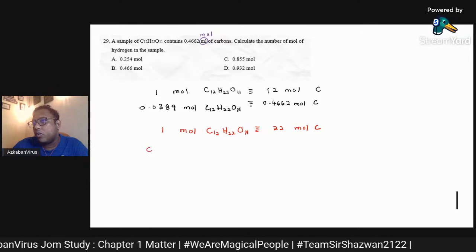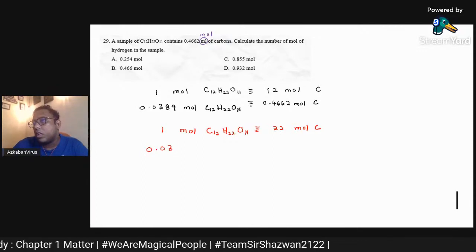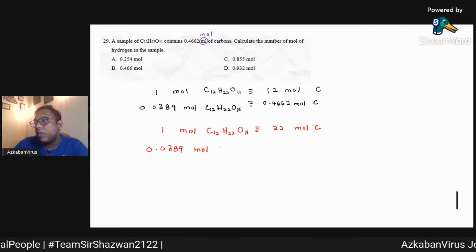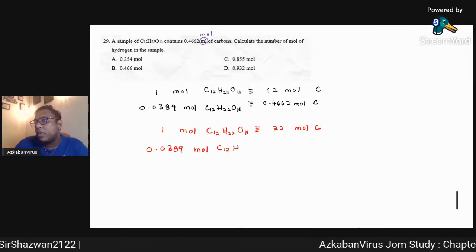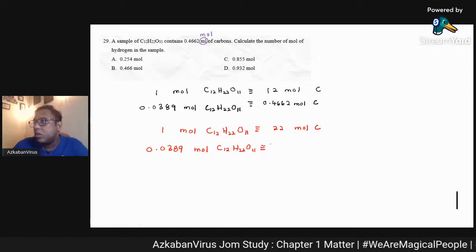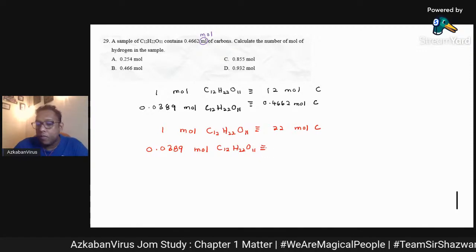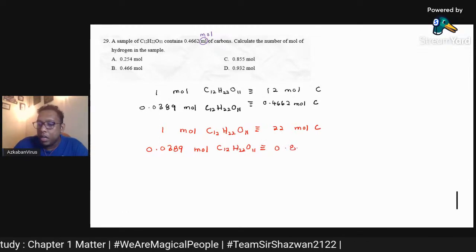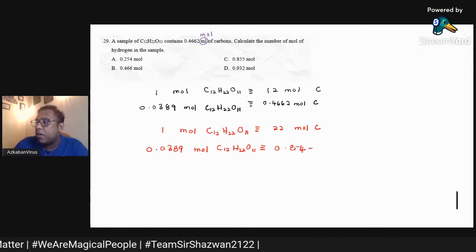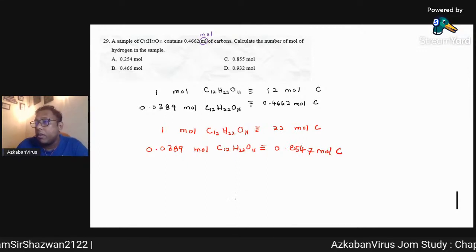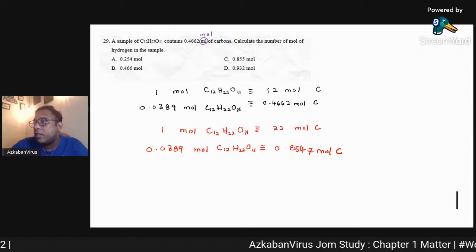So kalau you ada 0.0389 mole of C12H22O11, this is equivalent to 0.8547 mole of hydrogen. So jawapan kita adalah C.